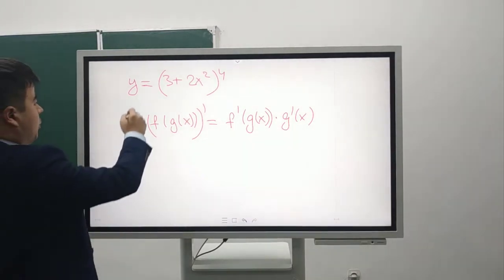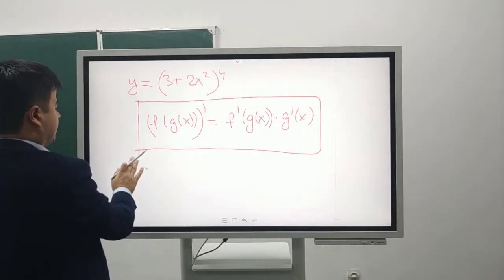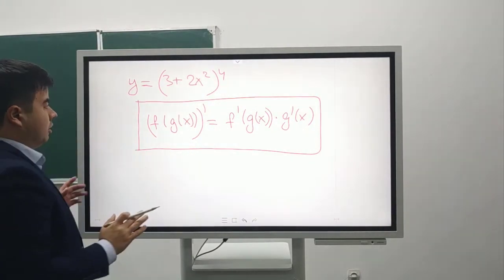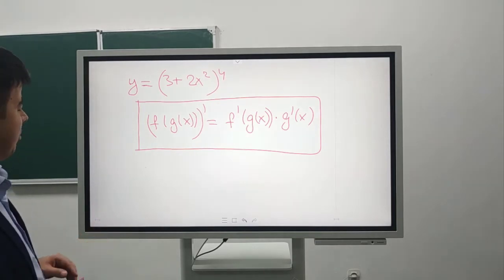So this is the rule for composite functions. Let's give firstly a simple example.